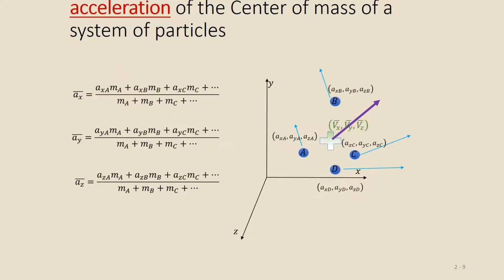If we can talk about velocities, we can also talk about accelerations. So if you want to know the acceleration of the center of mass, it's a combination of what all of the little guys are doing. And again, with internal forces, MA, we're talking about forces here, internal forces cancel out, and the overall acceleration of the center of mass is only going to change if external forces are applied to your system.